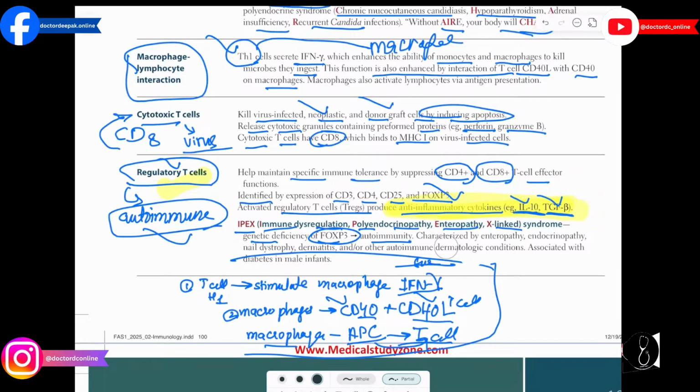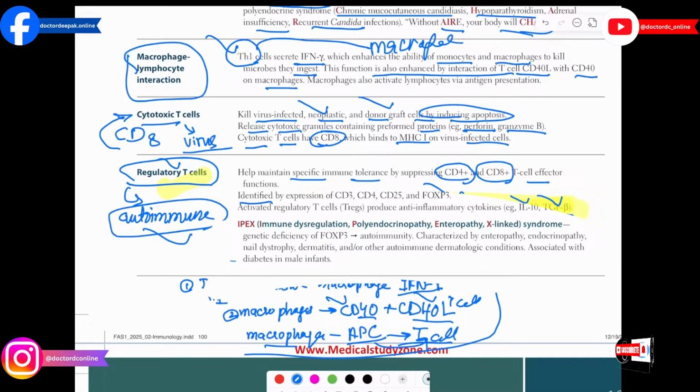The chance of autoimmune reaction will be increased, a high risk of autoimmunity. So they will be characterized by enteropathy, endocrinopathy, nail dystrophy, dermatitis and other autoimmune dermatological conditions, and is associated with diabetes in male infants.